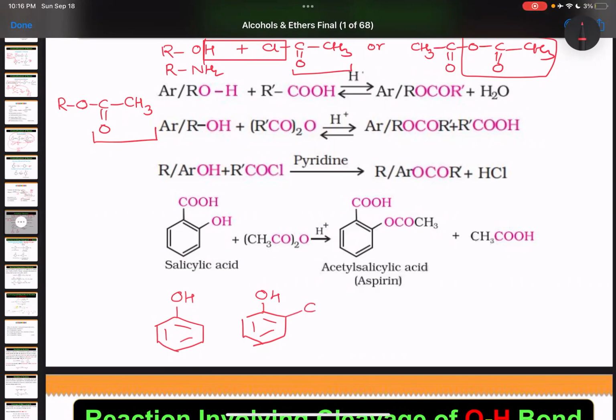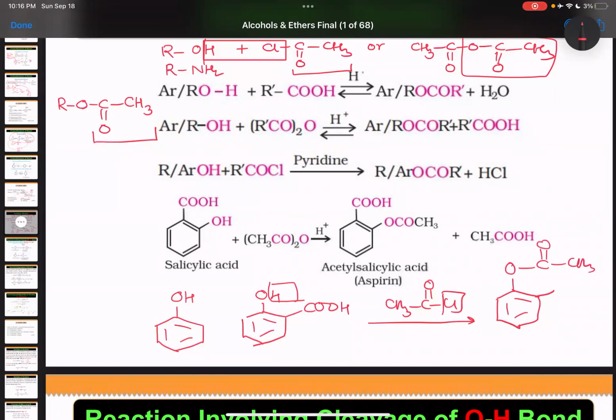So you are going to end up with a carboxylic acid group at the ortho position. Then you take the acetyl group. So HCl is going to be removed, and you will have acetylated salicylic acid, which is known as aspirin.